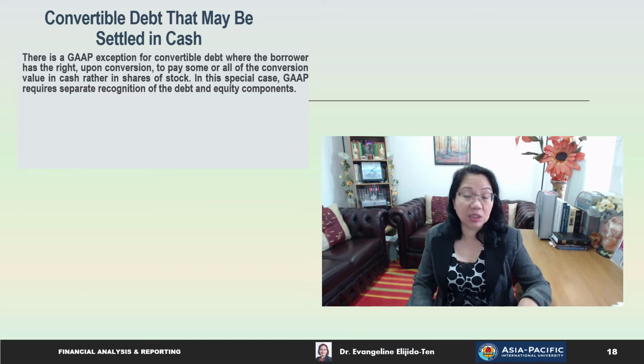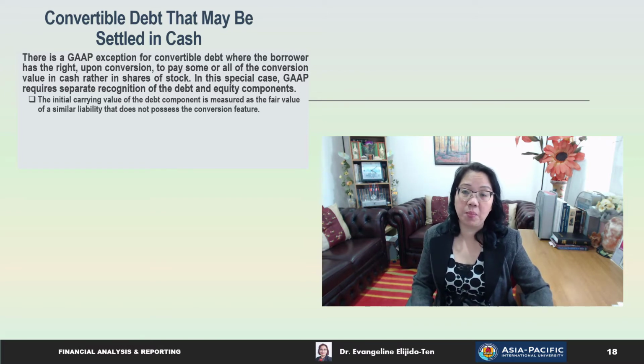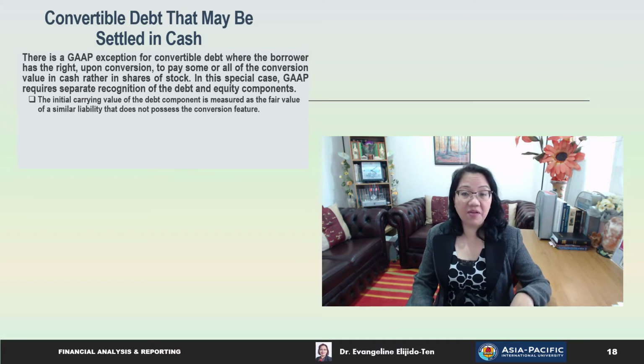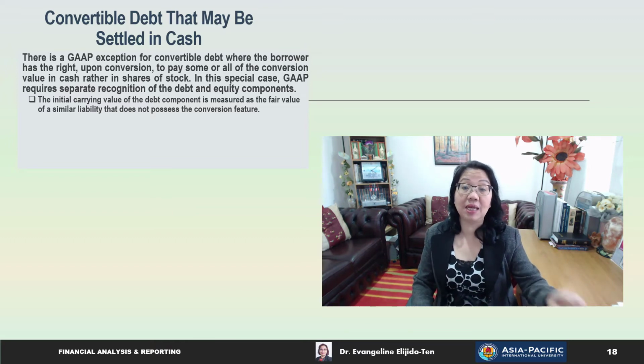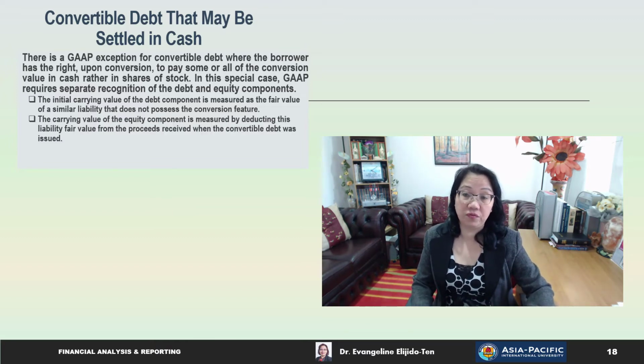So in this special case, GAAP requires separate recognition of the debt and the equity components. The initial carrying value of the debt component is measured as the fair value of a similar liability that does not possess the conversion feature.